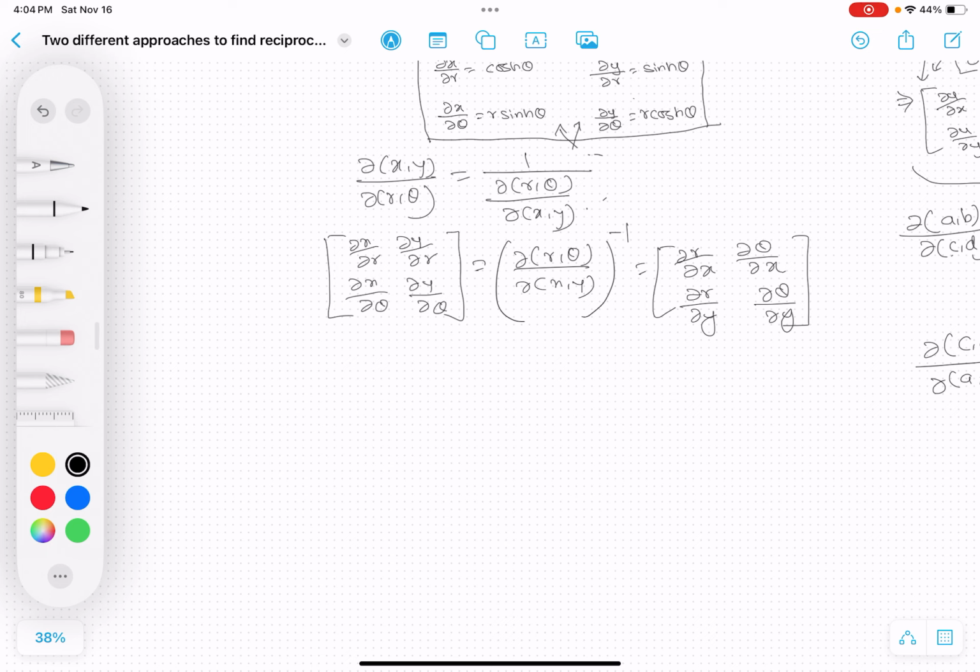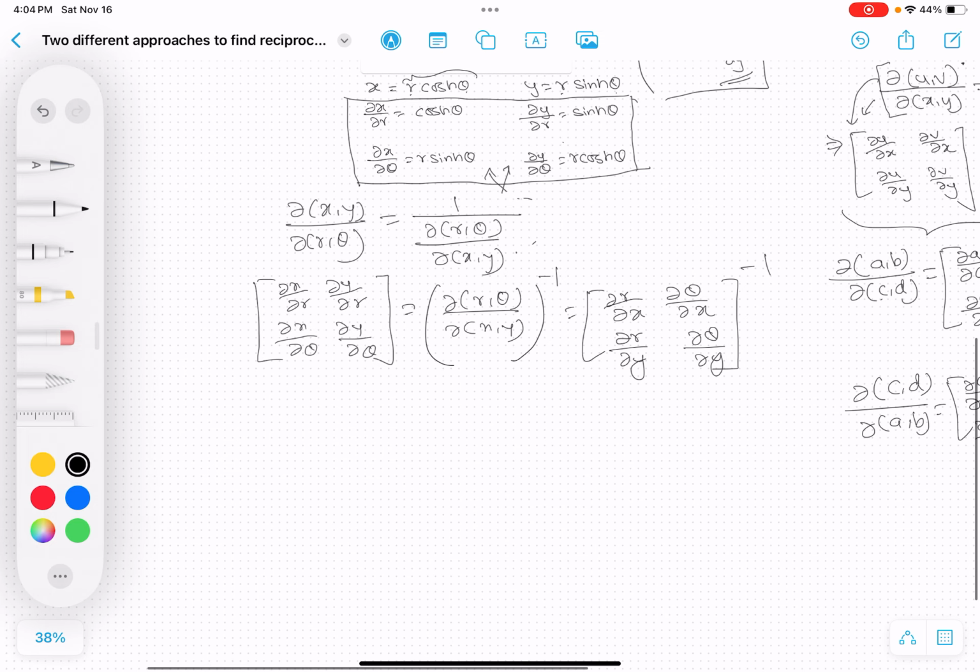Okay, now to do the inverse, right? Okay guys, over here, since we need to find this matrix, we can actually reciprocate both the matrices, so that this has no inverse and this has the inverse now, right? I'm just trying to reciprocate.